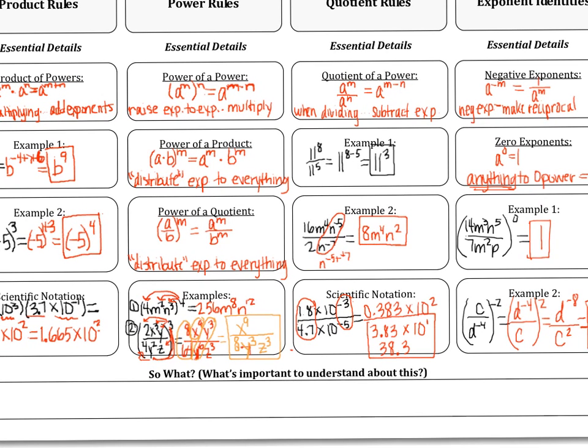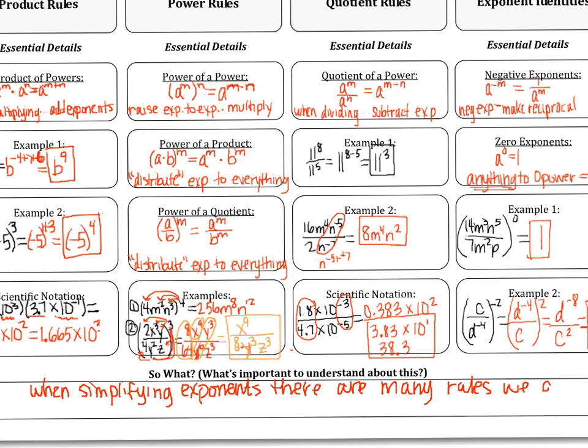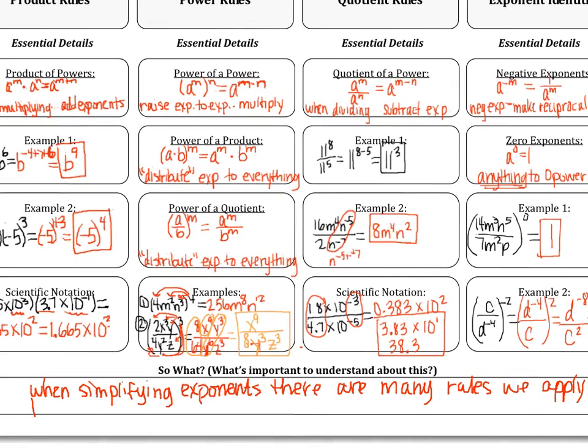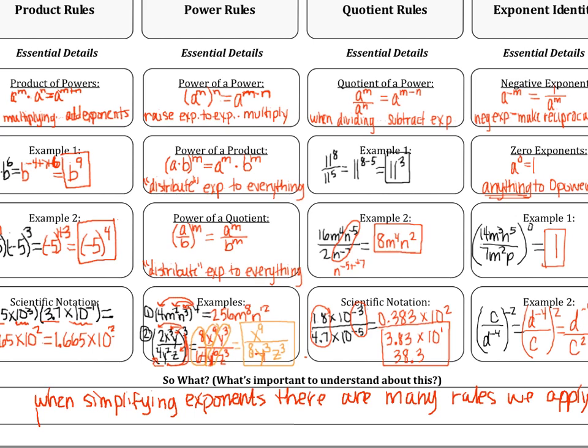When you're simplifying exponents, there are many rules we apply to the exponents.